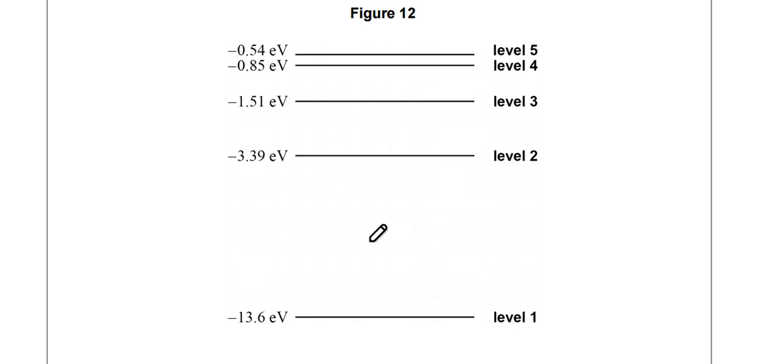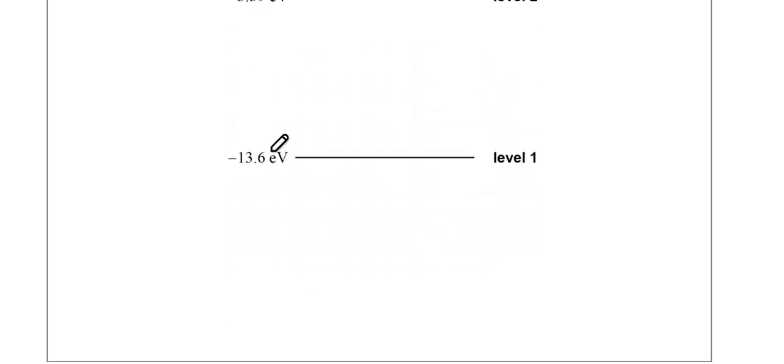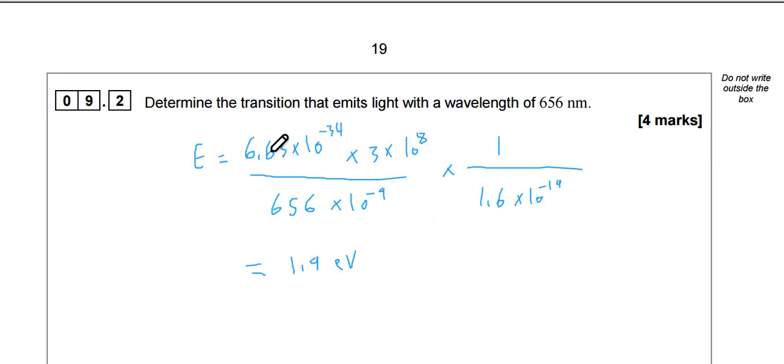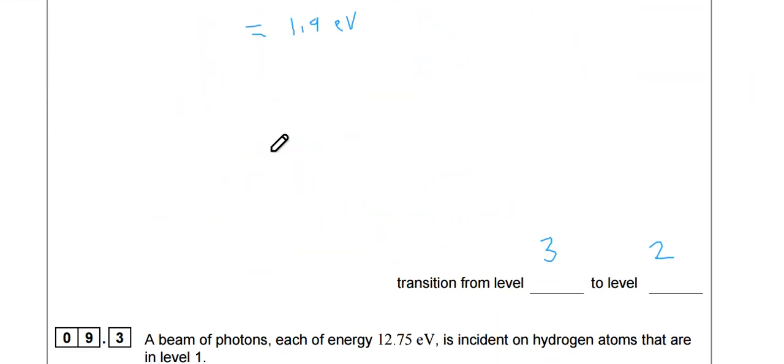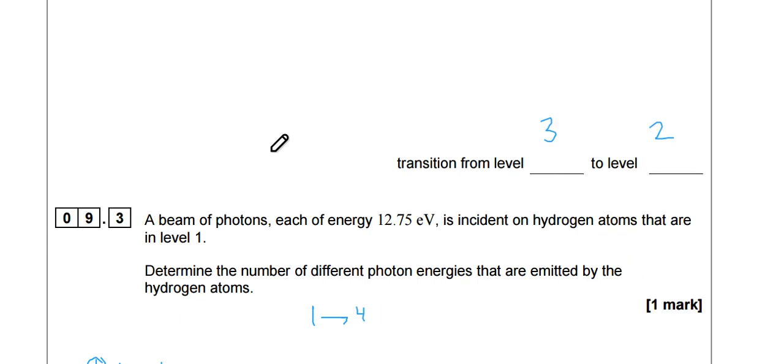And I think it is obvious that 3.39 and 1.51 is the answer. And certainly the transition should be from higher to lower, so from 3 to 2.